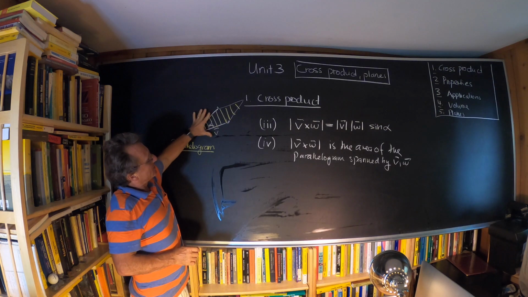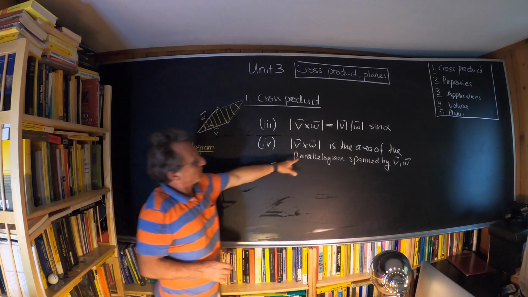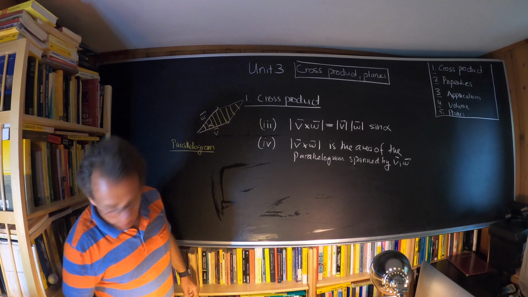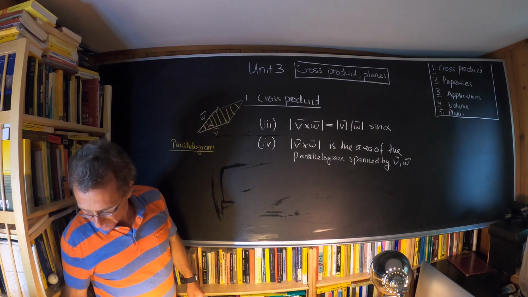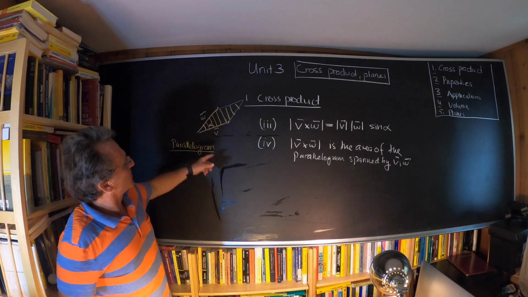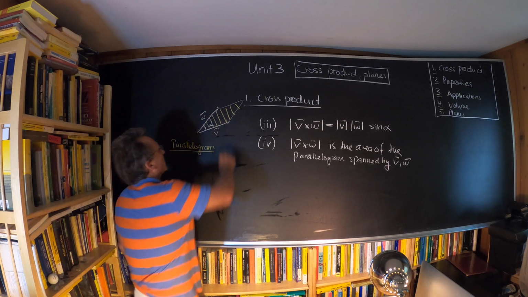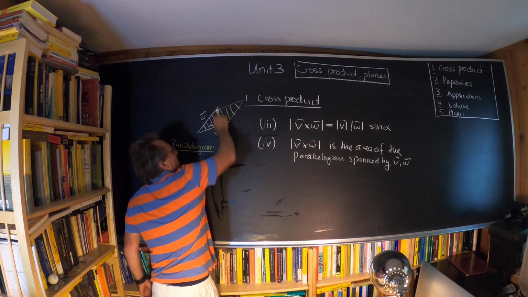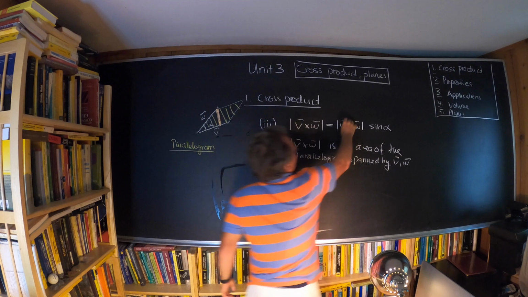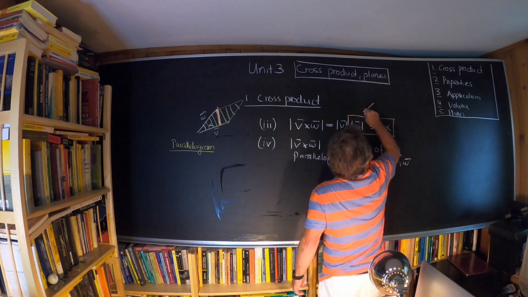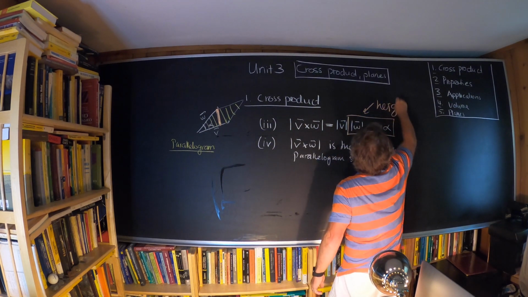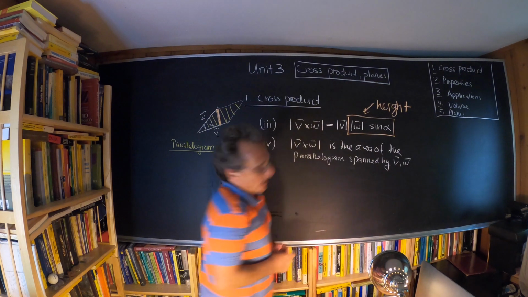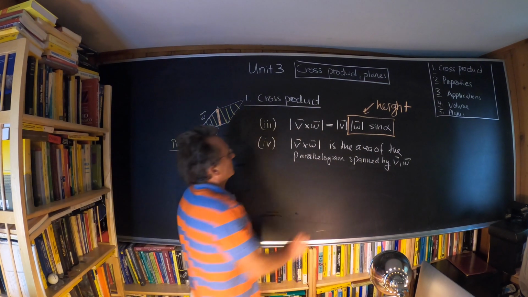So this spans a parallelogram, and we have this. Now this is almost immediate here, because we have W times sine alpha, right? So this is a geometric interpretation. W times sine alpha is the height, and this is the base here.